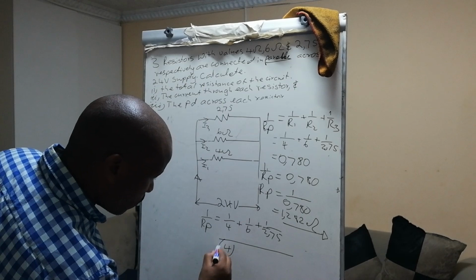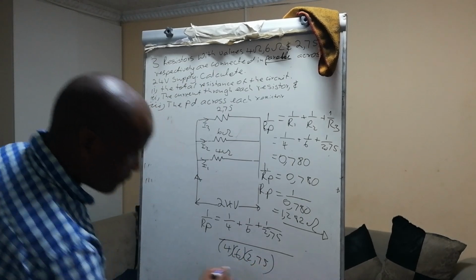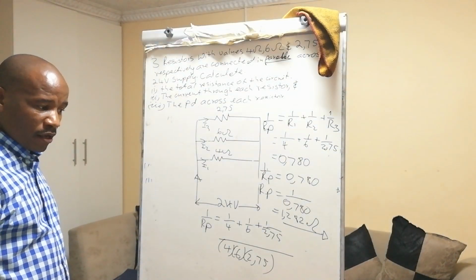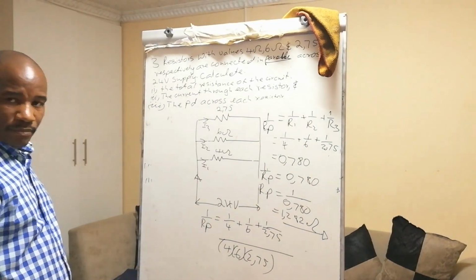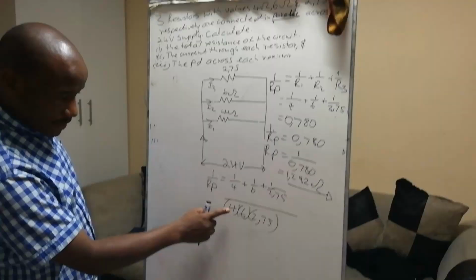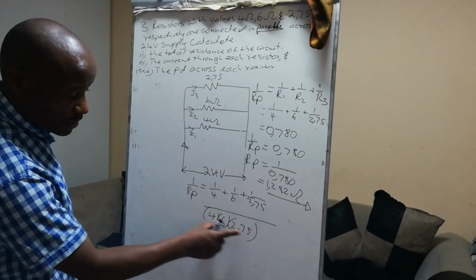It's 4 into 6 into 2,75. The lowest common denominator, rather, the lowest common multiple.